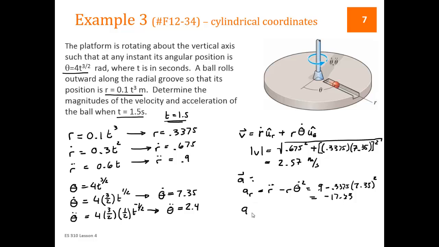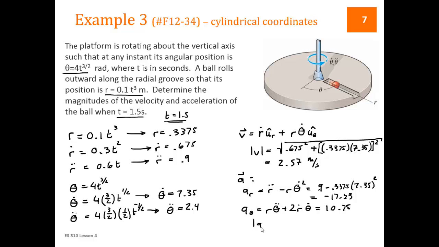And a theta is equal to r theta double dot plus 2r dot theta dot, which you plug in all of the various numbers, you're going to get 10.75.